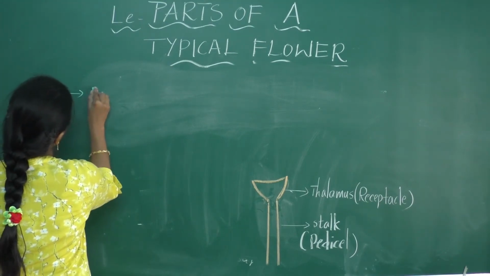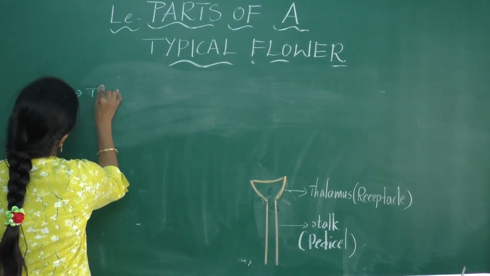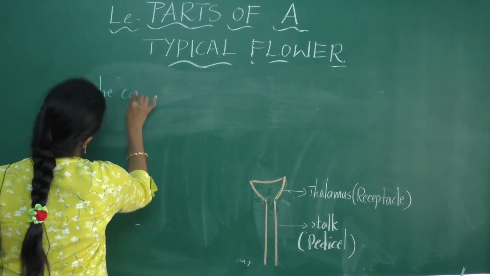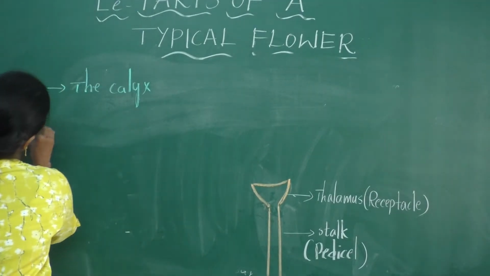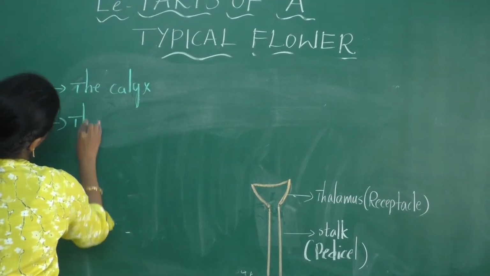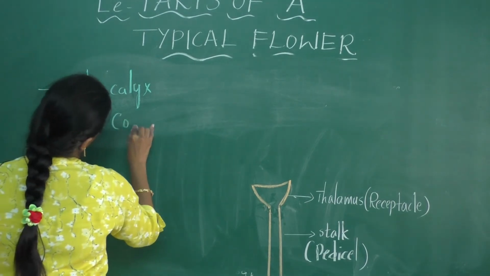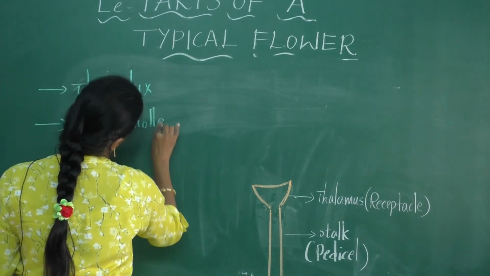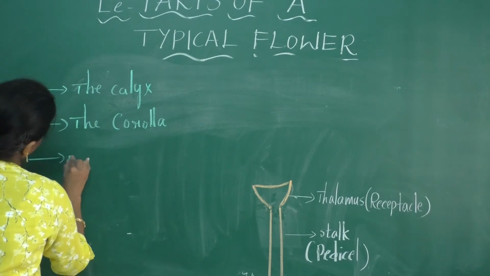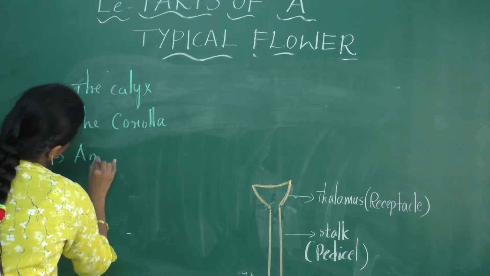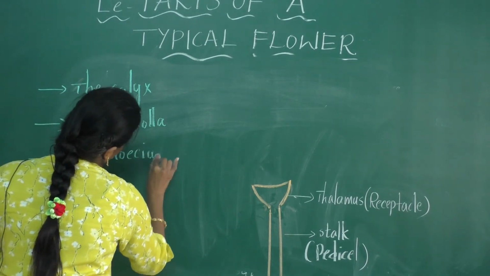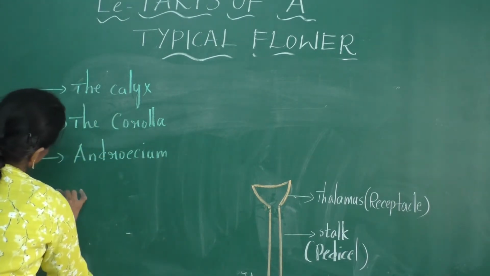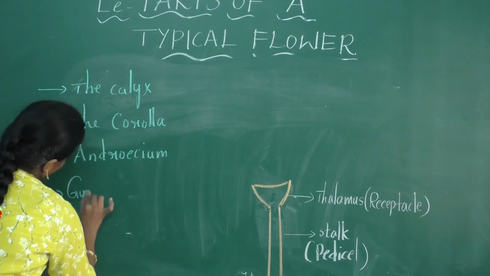First one is the calyx. Second one is the corolla. Third one is the androecium. Fourth one is the gynoecium.